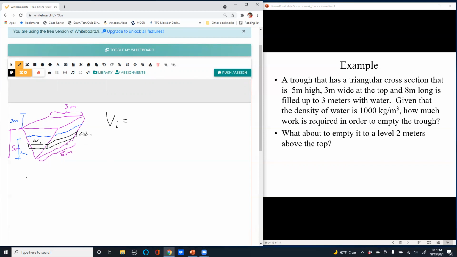All right, now I've got 3 dimensions. I can get the volume. w sub i, this length is 8, and regardless of where I take the slice, it's always 8. So that's why I don't need a variable for this side, and this is delta h. So I've got 8 w sub i delta h, volume of the ith slice.